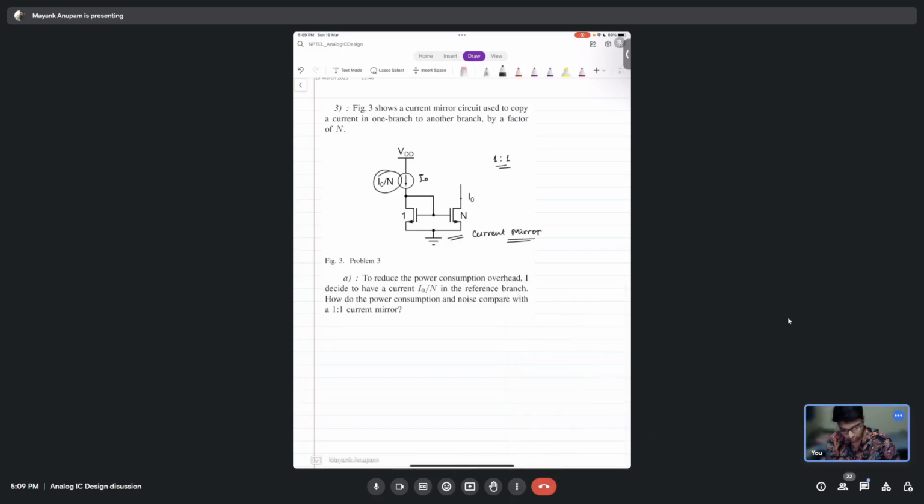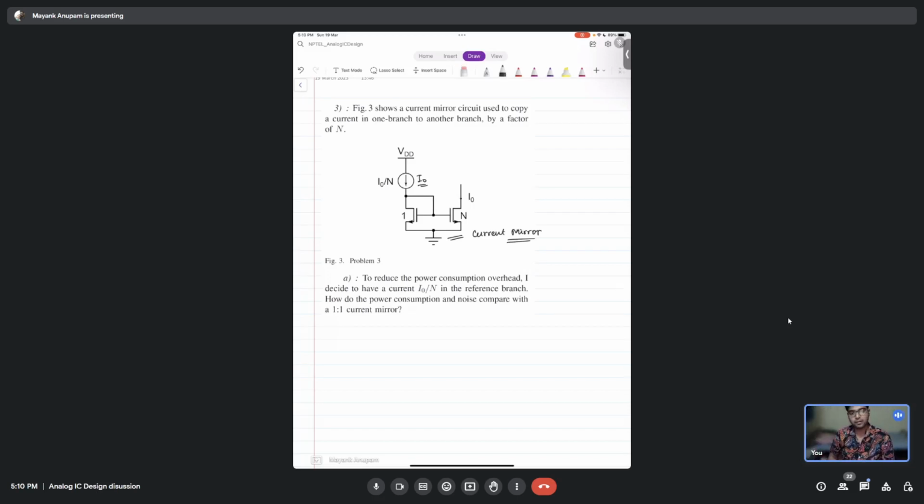So I was saying that to make it a 1:1 current mirror, you will have to increase this current source here from I naught by n to I naught. When this is I naught, the size ratio will be 1:1 here. Instead of n, it will be 1, and then you will have this 1:1 current mirroring. But if you increase the current here, the power consumption will increase.